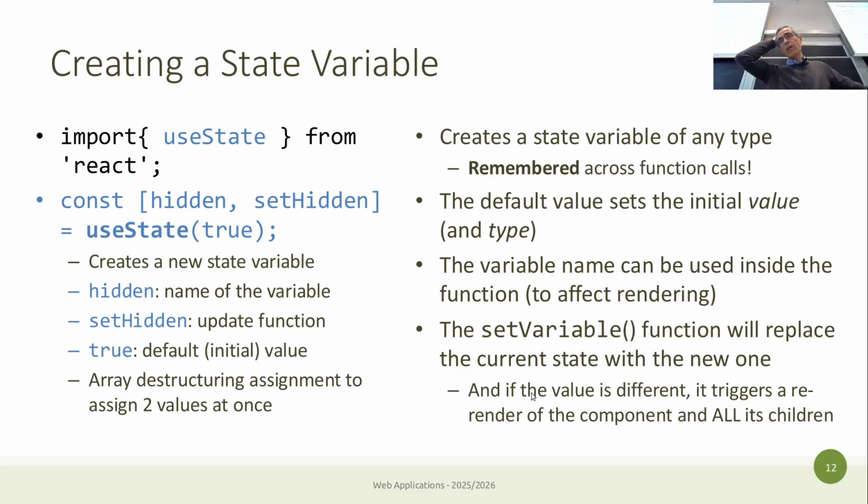JavaScript is asynchronous in many aspects, and for sure it fits in the React logic to do this operation asynchronously, and we will talk about this later. And if the value is different, it triggers a re-render of the component, and all its children, which is a bit generic.